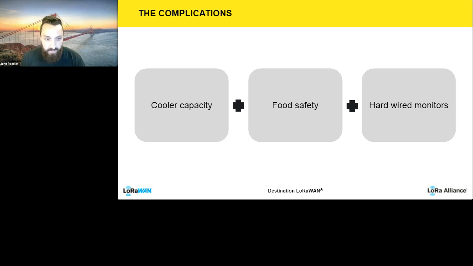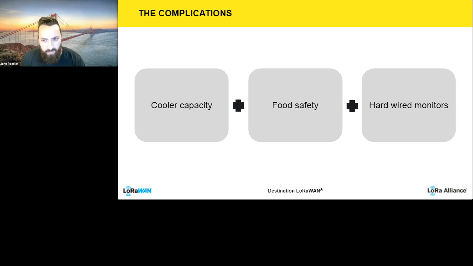And for Target, there was also a cooler capacity issue. We can't go dedicating cooler space on the floor in your regular milk aisle to a guest pickup station. It would also make the logistics very difficult from getting it from that particular location, which happens to be in the back of the store, out to guests.